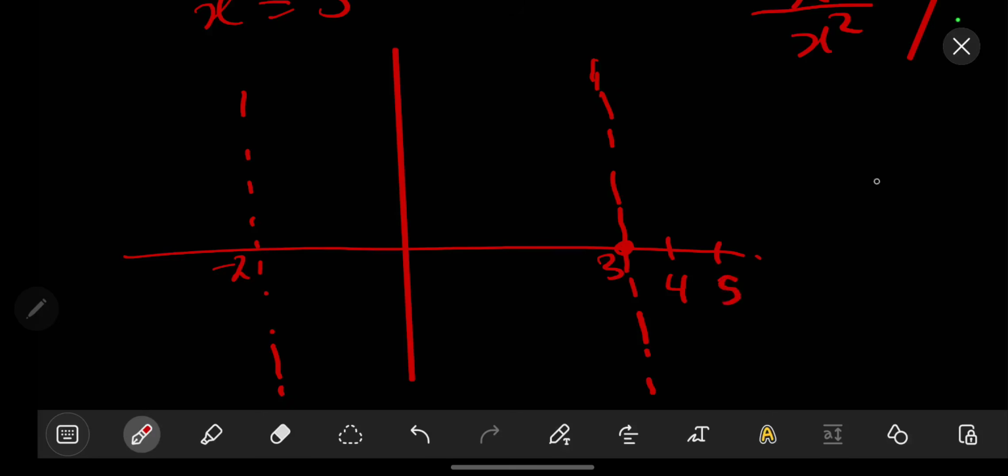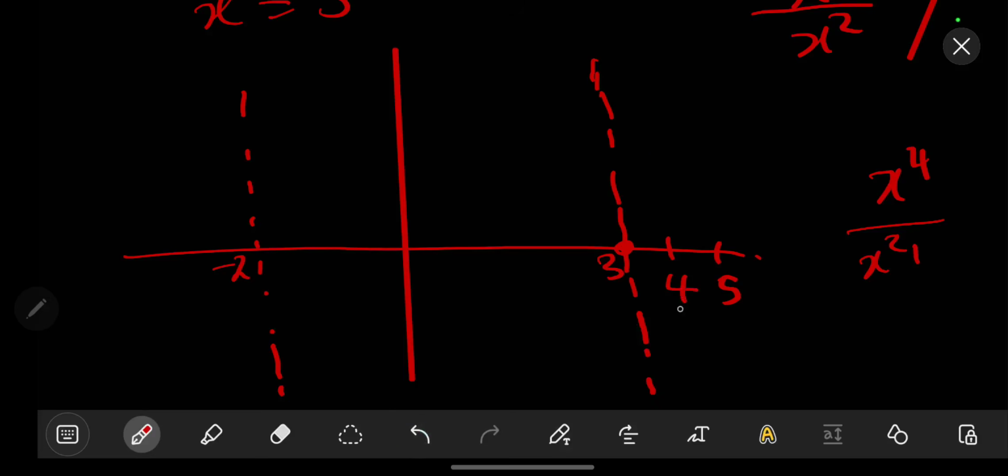Since this is x to the power 4 and on the bottom we have x to the power 2, we have a quadratic. In other words, there is a chance that the graph might look like this, or something like this. So anything is possible. Now we are just going to study the behavior.